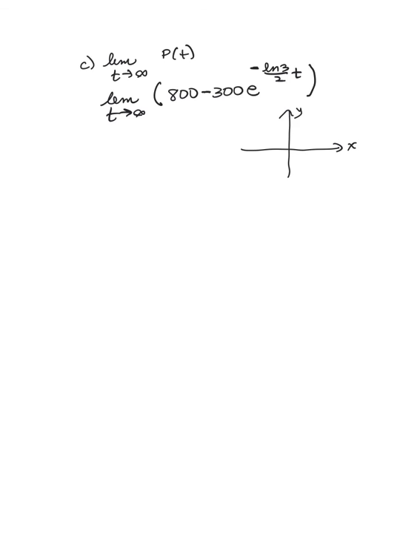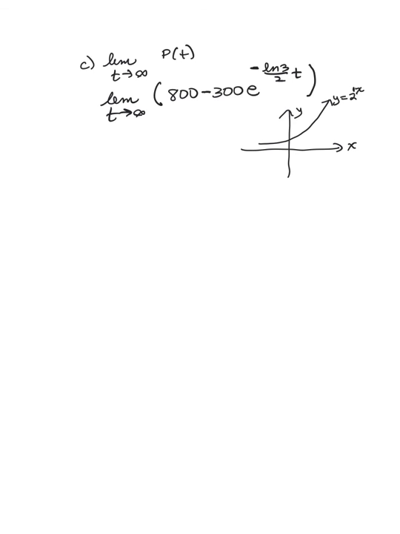here, when we have y equals 2 to the x, this is what it would look like when we have a positive coefficient for the exponent.